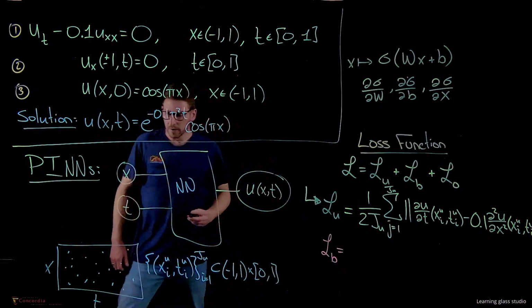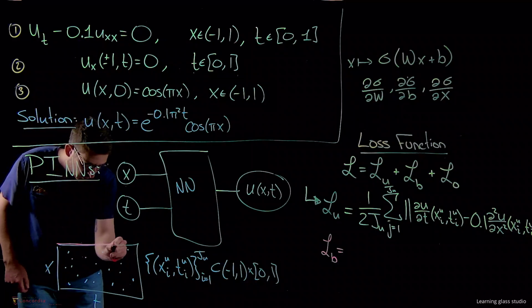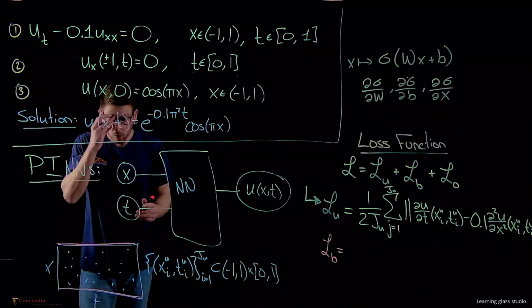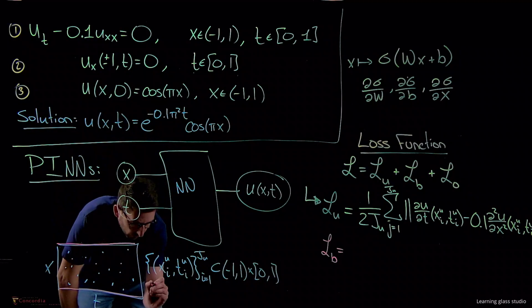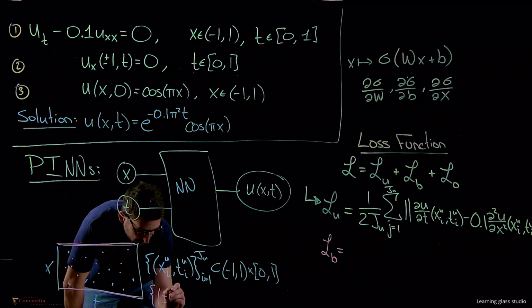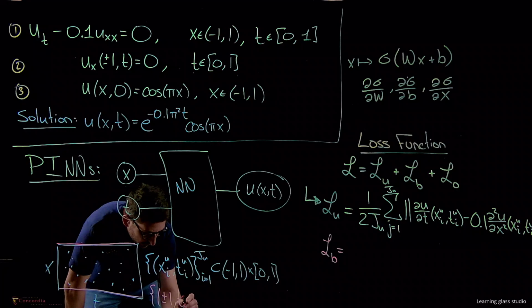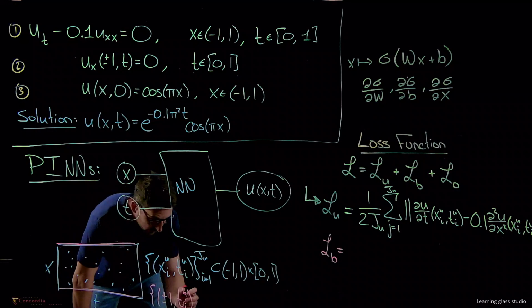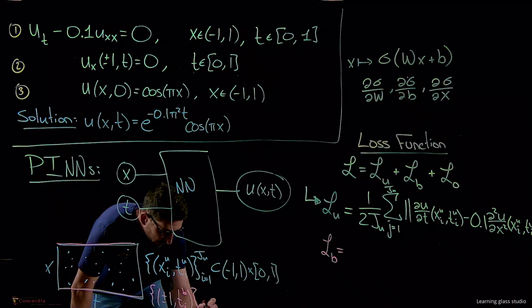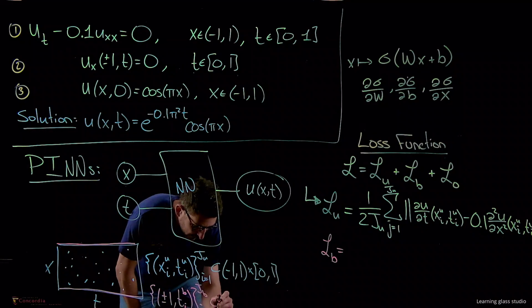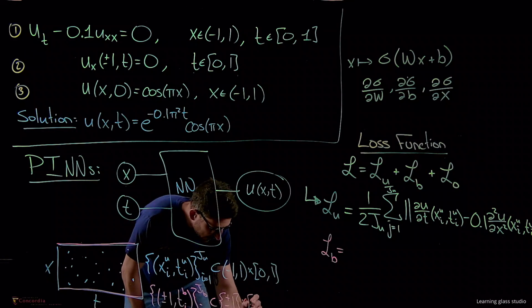Now, think about the boundaries here. Here's one boundary, here's another boundary. I'm going to pick a whole bunch of points on the boundary as well. So I'm going to do points at plus or minus 1, and then a bunch of t_i on the boundary, a bunch of time points along the boundary, going from i to J_b, some number. This is in plus or minus 1 on the boundary by the time interval.